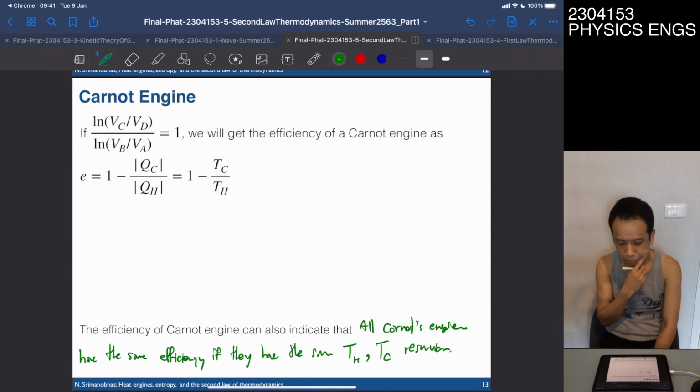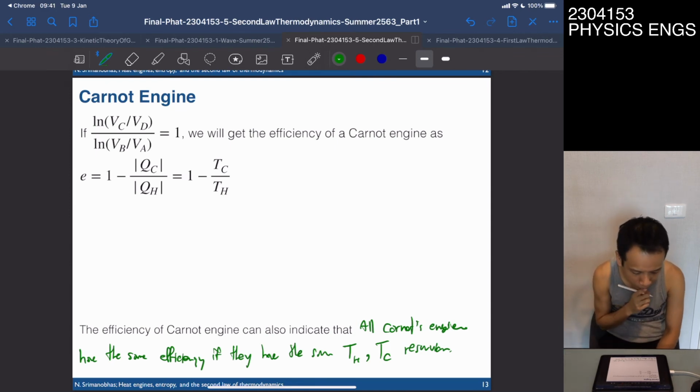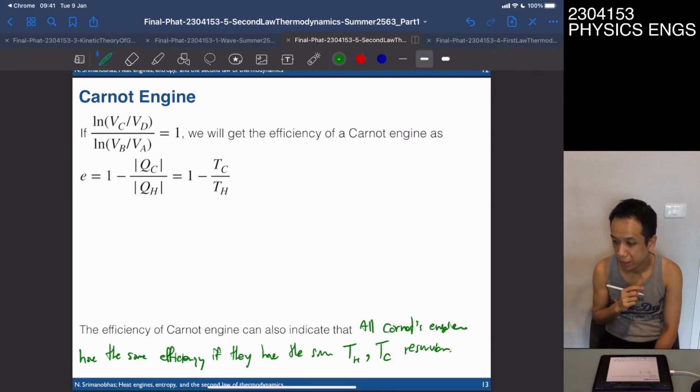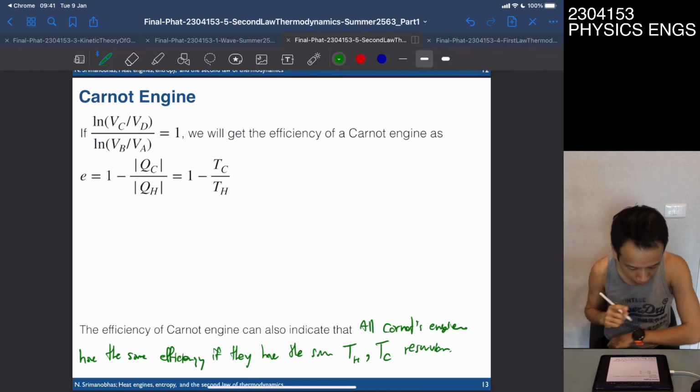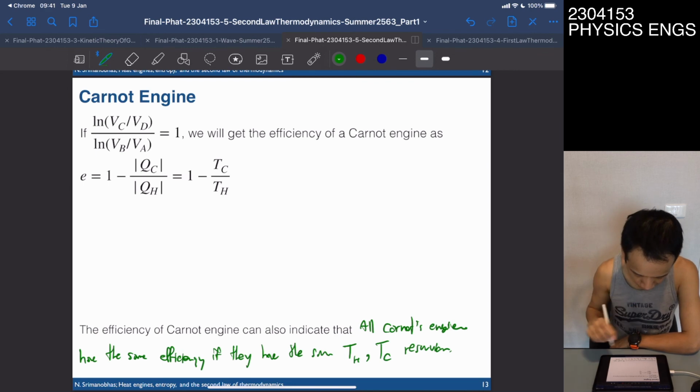It depends on the temperatures. So we go back: can we prove that the natural log of VC over VD divided by the natural log of VB over VA is 1 or not? How can we prove that?